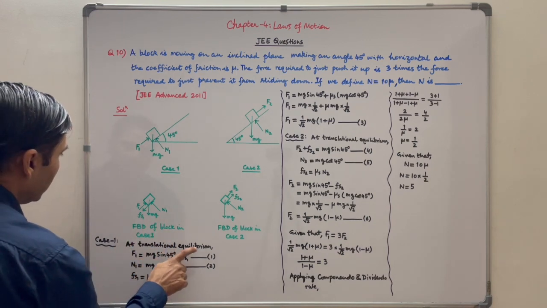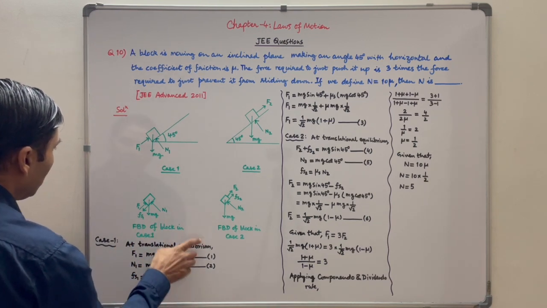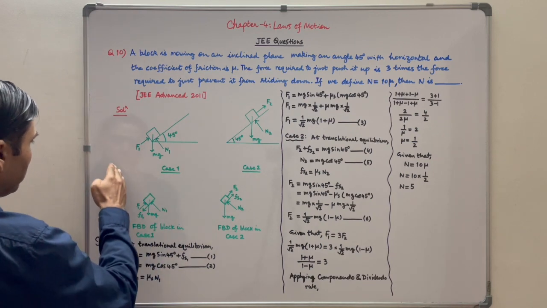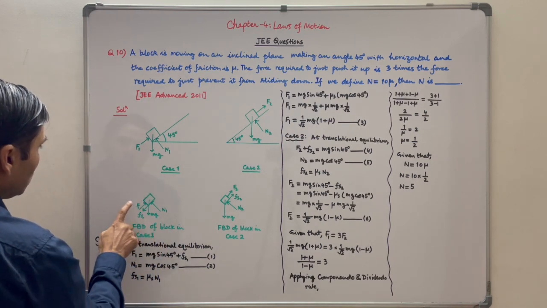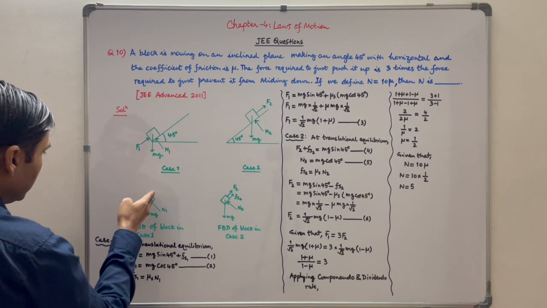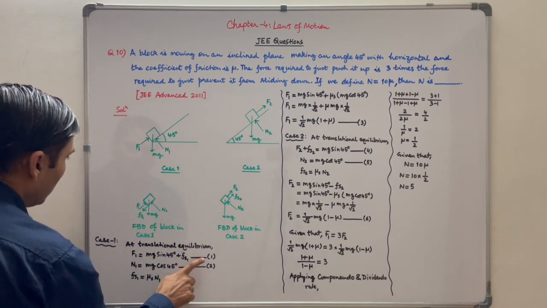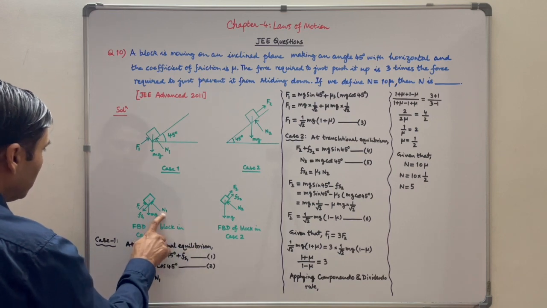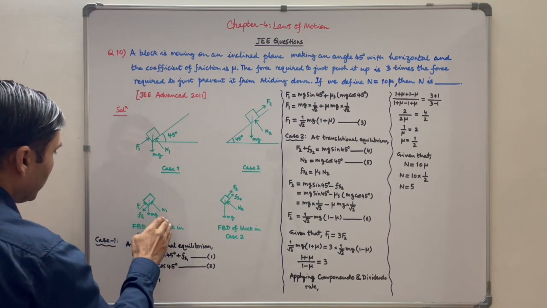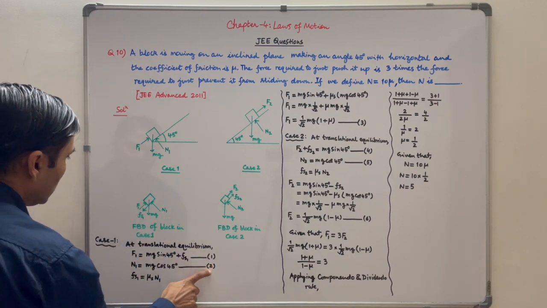At translational equilibrium, we will equate forces along the plane and perpendicular to the plane. So F1 is equal to mg sine 45 plus Fs1. This is equation number 1. And N1 is equal to mg cos 45. This is equation number 2.